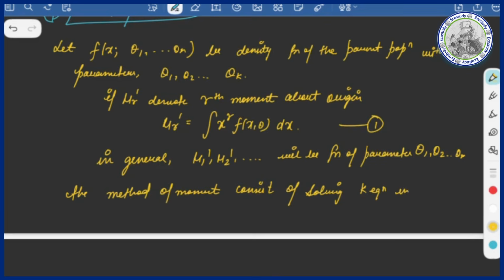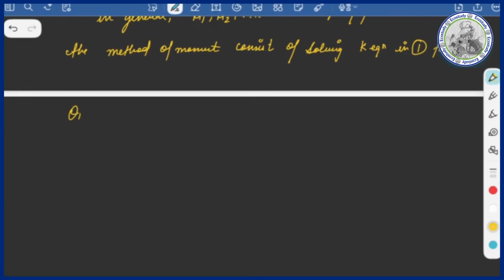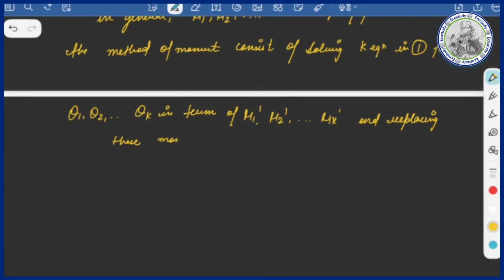In these k equations in the previous step, we solve for theta 1, theta 2, ..., theta k in terms of mu1 dash, mu2 dash, ..., mu k dash, and then replace these moments mu r dash by sample moments m1, m2, .... Okay, I will show by example how you will do it.